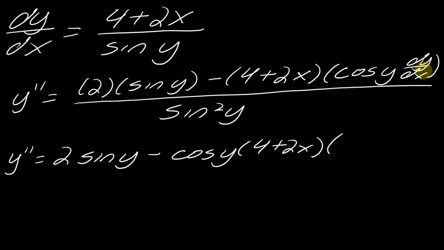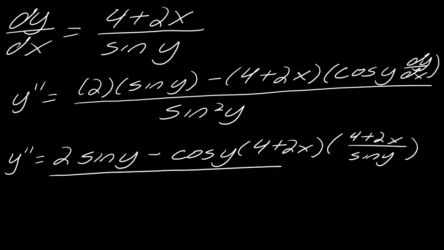And now I have to replace my dy dx with the first derivative. So this is going to be 4 plus 2x over sine of y, over sine squared y. And then you could rewrite the cosine y over sine y as a cotangent if you wanted. Once again, you can keep going with this.